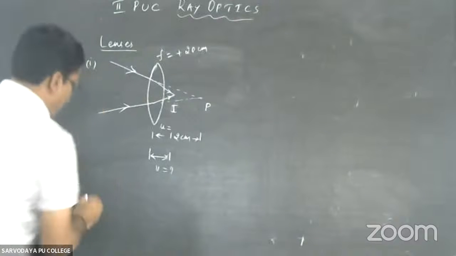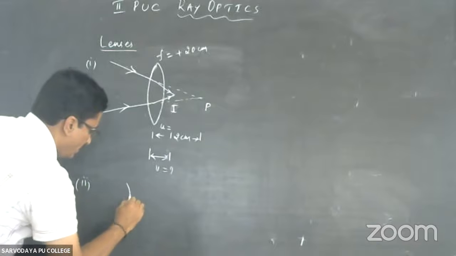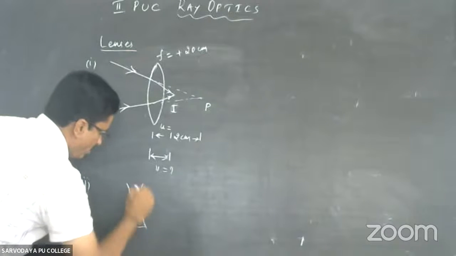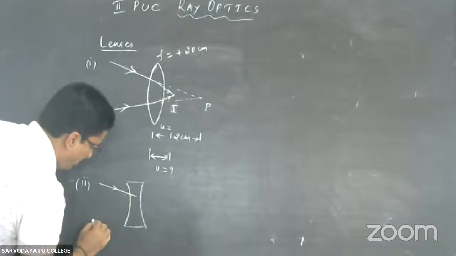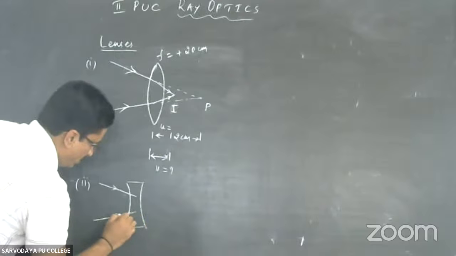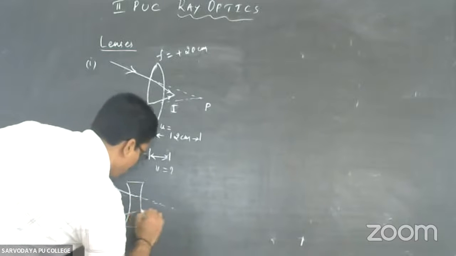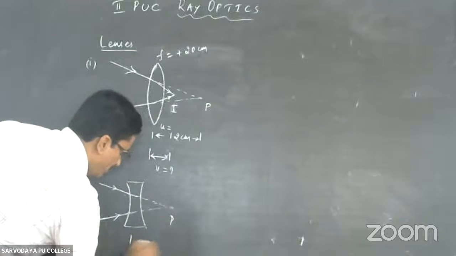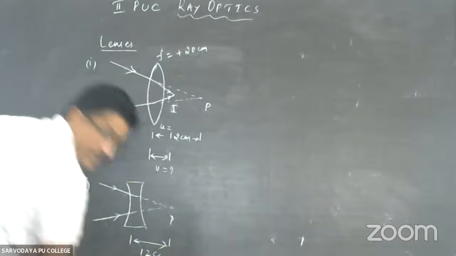In the second part, basically they have used a diverging lens, and again the same converging beam is made to be incident on this. In the absence of this lens, P would have been the point where the rays converge, and this distance has been given as 12 centimeter.